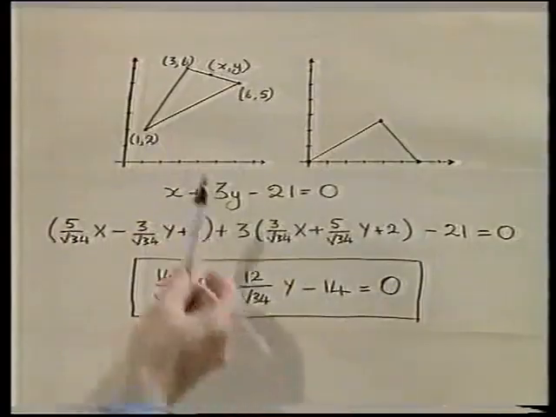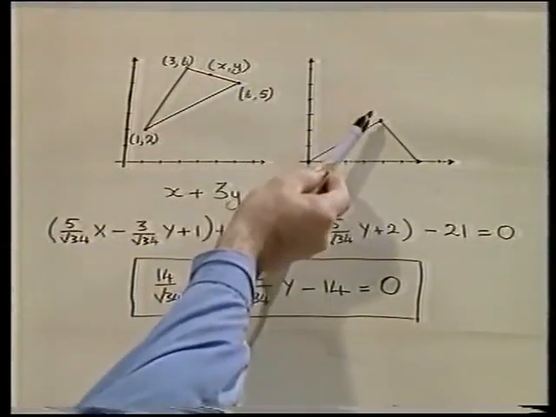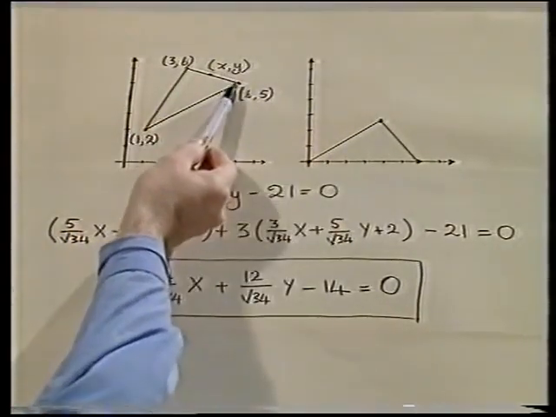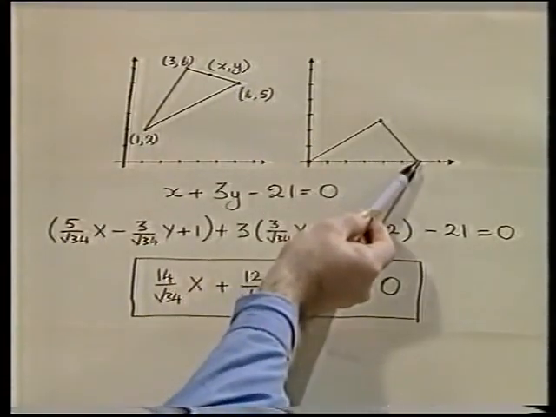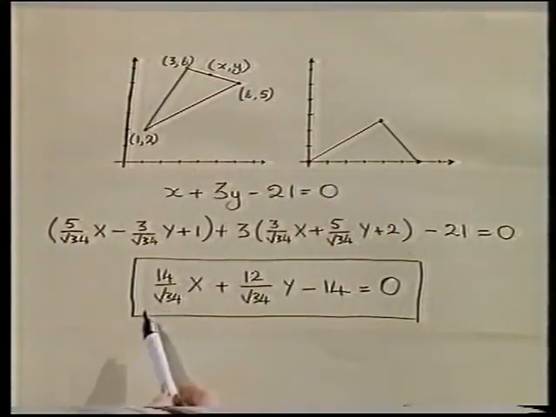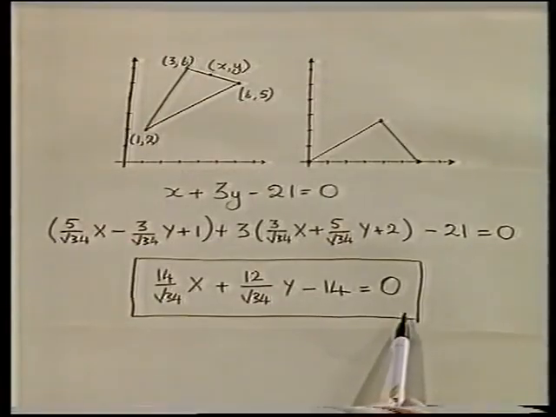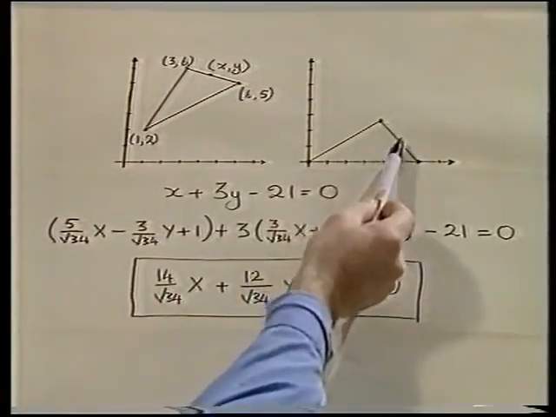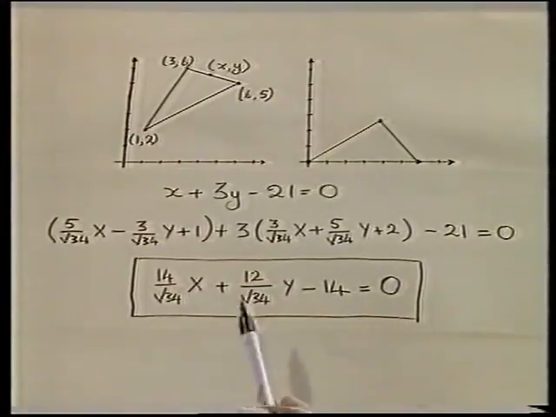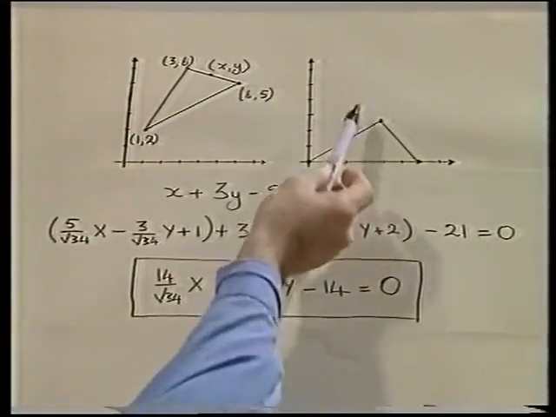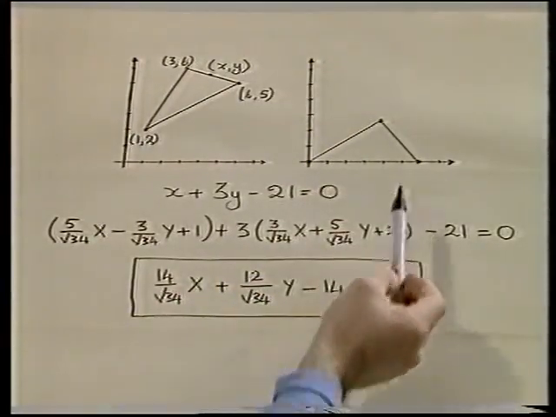Now, what straight line is it? Well, we know that that point transforms to that point, and that point transforms to that point. So this must be the equation of a straight line which goes through these 2 points. So this equation represents that straight line.